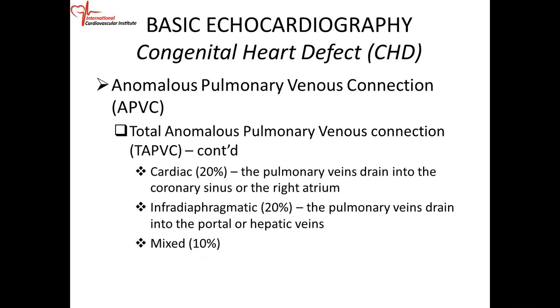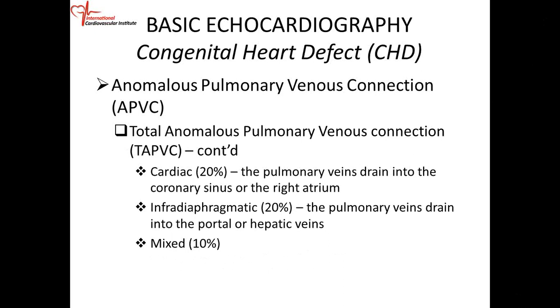So just thinking, half of them are going to drain in the uppermost portion of the right atrium, where you have the innominate or the superior vena cava draining into the right atrium. Then another 20% is going to drain in the coronary sinus or the right atrium proper. And then the lowermost portion, we call that the infradiaphragmatic.